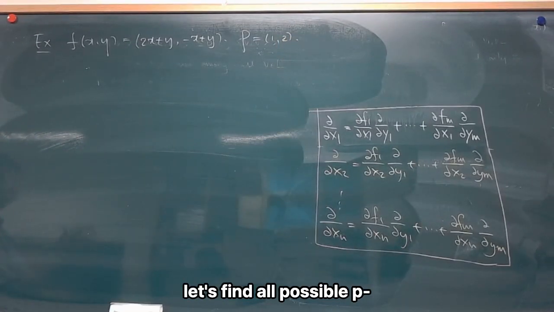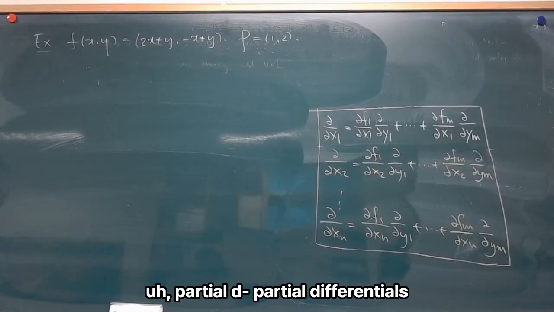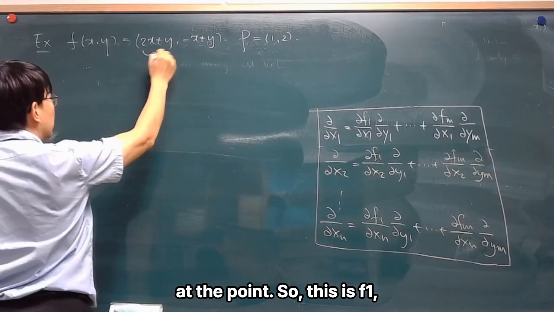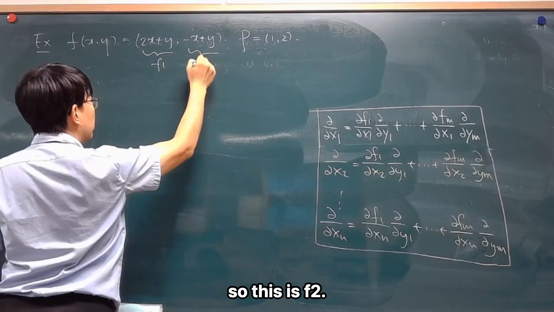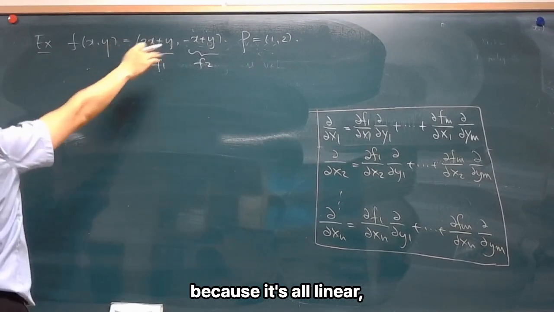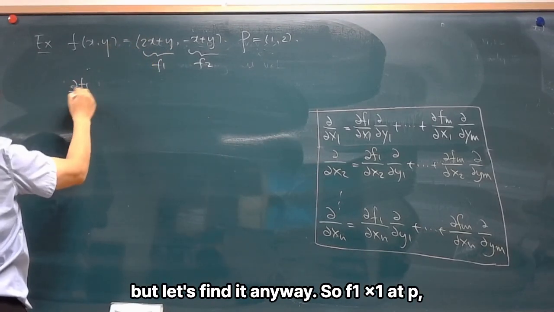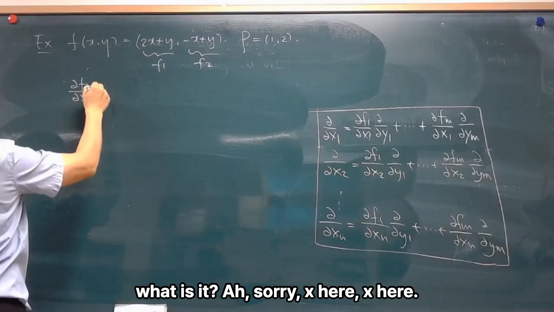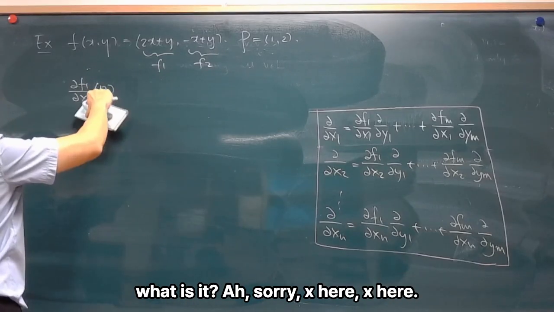So let's find all possible partial differentials at the point. So this is f1, and this is f2. Actually, it doesn't depend on p because it's all linear, but let's find it anyway. So f1 x1 at p, what is it? Sorry, x here.